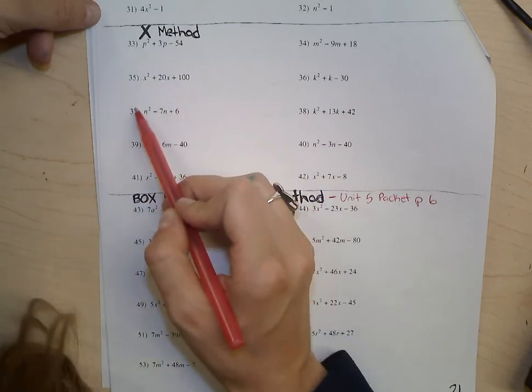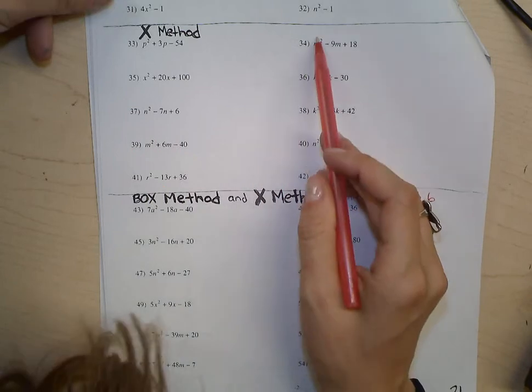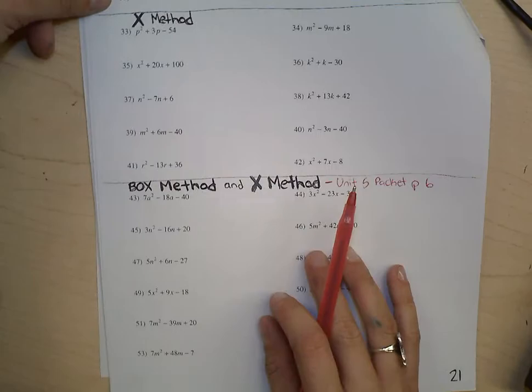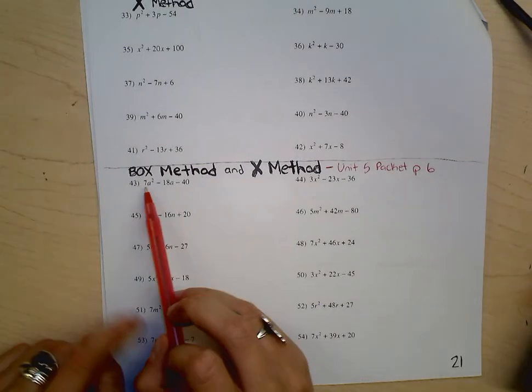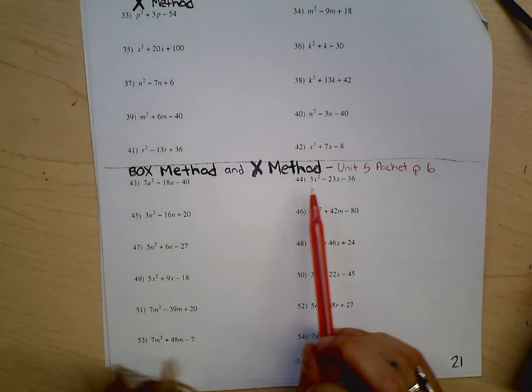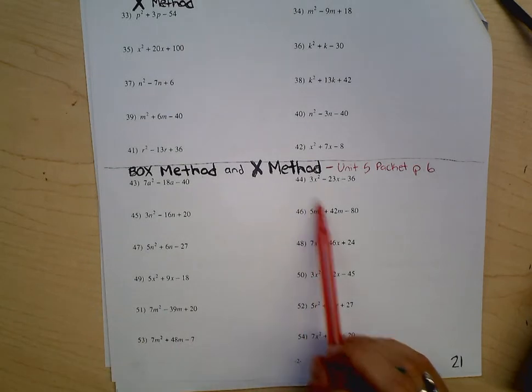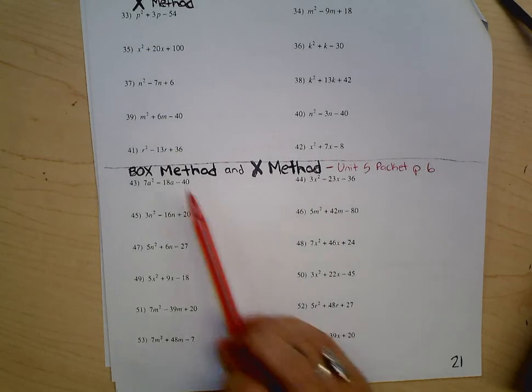See how there's no numbers on the outside of those variables? But here, 43 through 54, we have numbers in front of each one. So whenever you see a coefficient other than 1 in front of that squared variable, that means we should be using the box method.